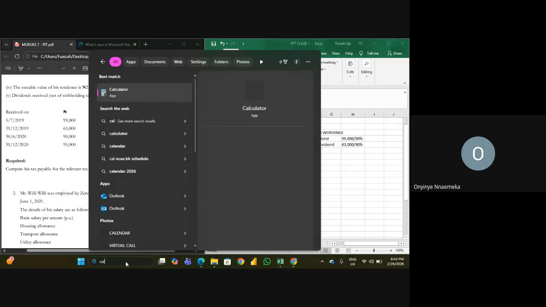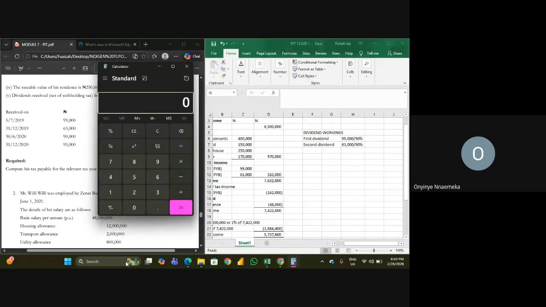Let me calculate by myself. 99,000 divided by 0.9. That's 110. So here is 110,000. The other one is 70,000. Thank you. So that's what we'll come and write here.